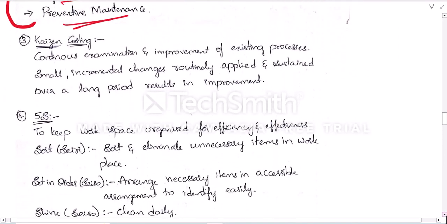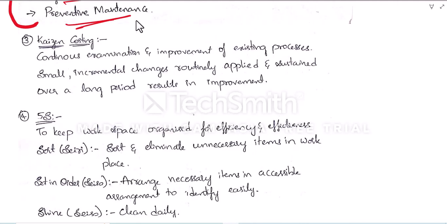So, coming to Kaizen costing, we have first discussed only one concept, just in time. Now, Kaizen costing. What is meant by Kaizen costing? It means small and incremental changes applied regularly over a long period of time, which will give drastic results after implementing for a long period.